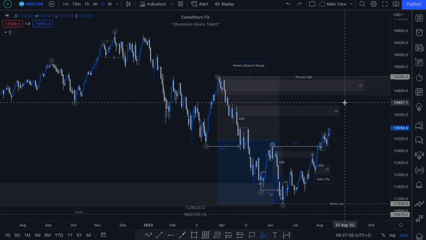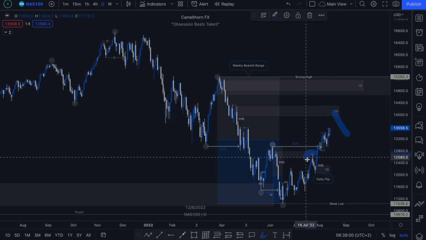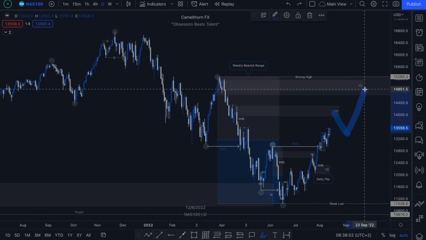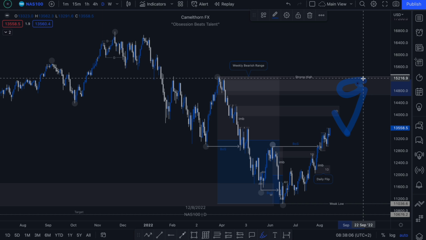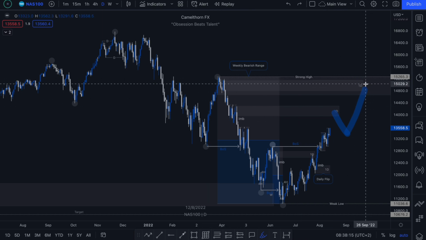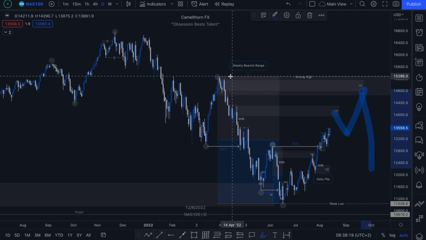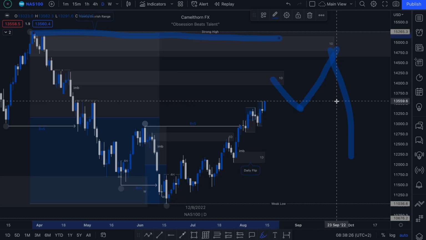If this particular daily zone fails, we could see just a small reaction like we saw in here. We could see a small reaction before price action pushes deeper to mitigate this supply zone, which sits at the extreme of the weekly. And if this particular supply fails to push price down a lot lower, then we can comfortably say that this strong high being taken is a good sign that NASDAQ is potentially about to recover.